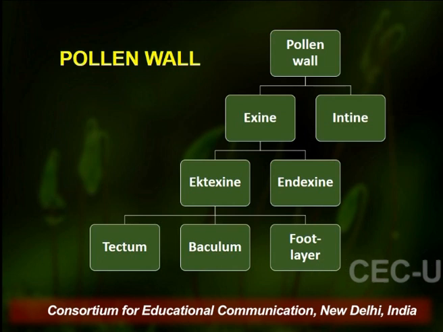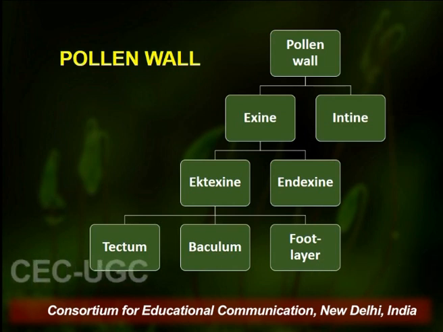Now, I would like to mention here that the land plants have been successful because they have a very great pollen wall which protects them from all types of environmental stresses which they face on a day-to-day basis.